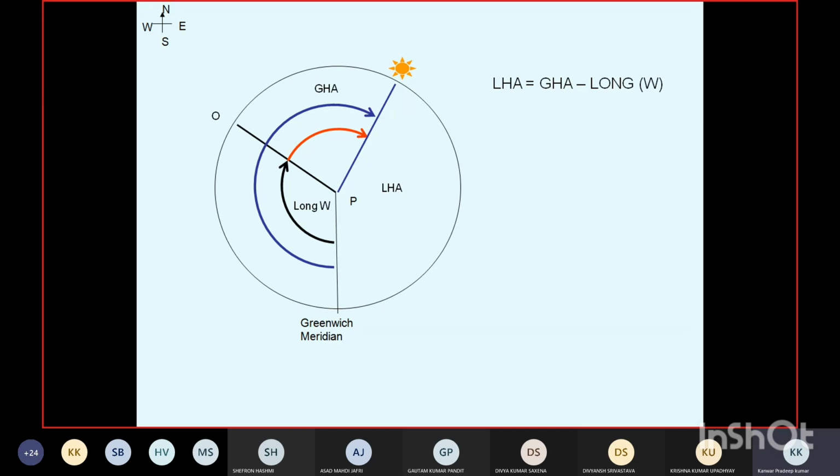But at this point, the thing I was trying to tell you was, our intention is to find the longitude, our position. GHA you get from the almanac. Where do you get your LHA from? That is what you get from the sight. We will see those things later in practical navigation. But understand the relationship. At the beginning of the session I said we are trying to establish the relationship between the Earth and the celestial bodies and the celestial sphere.